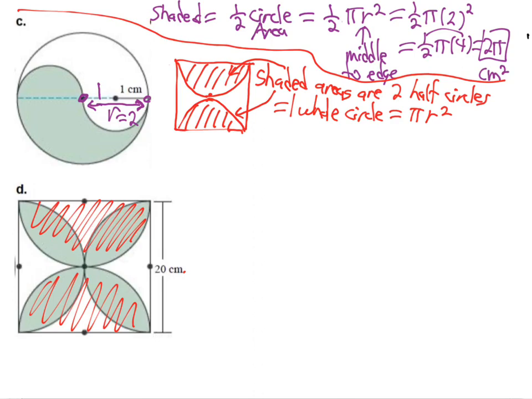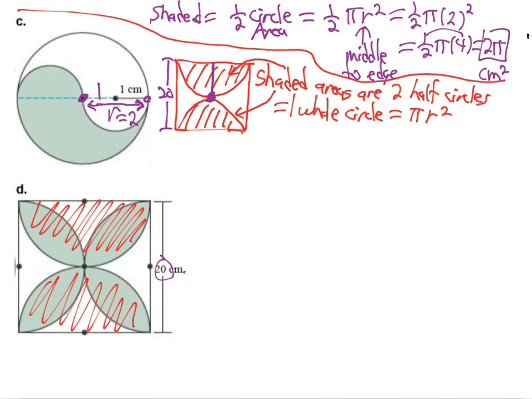What's the radius of it? So remember, radius is from the middle to the edge. Well, remember, see this 20 here? So it's 20 all the way.